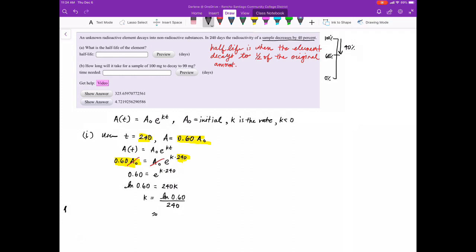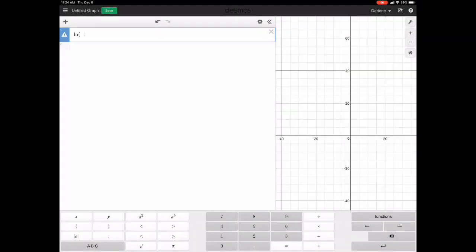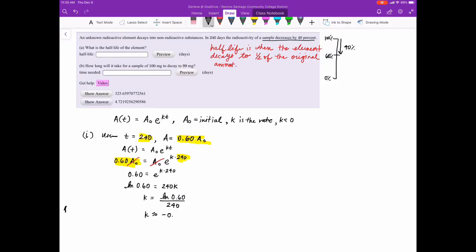Which is approximately, putting it in my calculator, natural log 0.60 divided by 240. And we can see that's going to be negative 0.0021, and we can round to negative 0.00213.